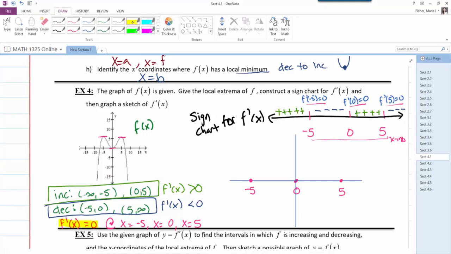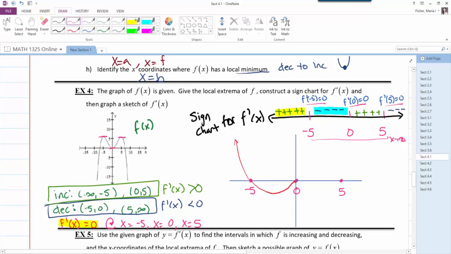If the first derivative is positive between negative infinity and negative 5, that means that it has to exist above the x-axis. If the first derivative is negative between negative 5 and 0, that means that it has to exist below the x-axis. You just need to connect your dots.